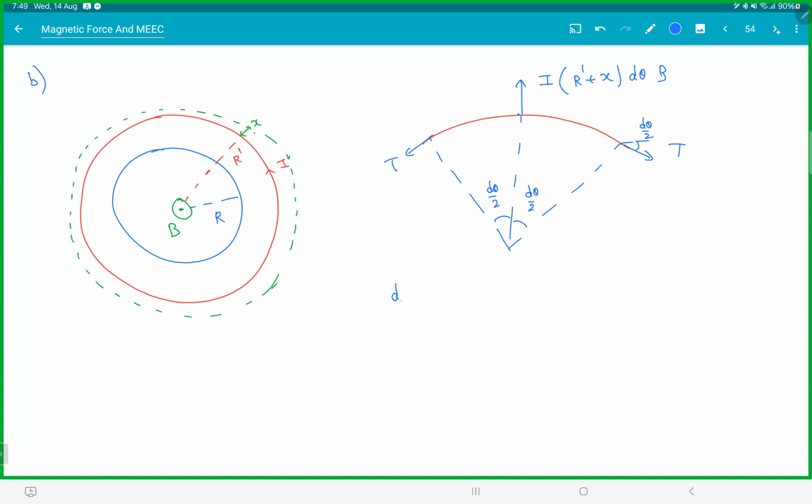So on that small segment, now the forces won't be balanced. So dF, this is the net force on the d theta arc, would be 2T sine d theta by 2 minus I into R dash plus X into d theta into B. And for that small piece, what is the mass? So mass of that small piece will be theta by 2 pi into m, unitary method. Clear with this?